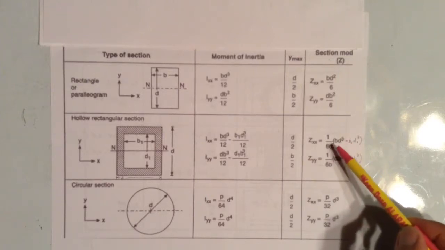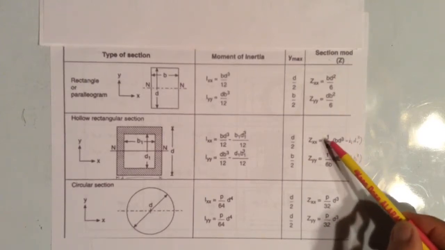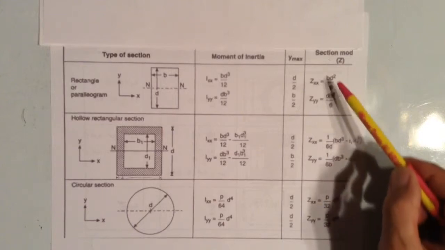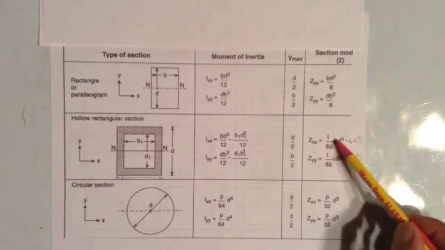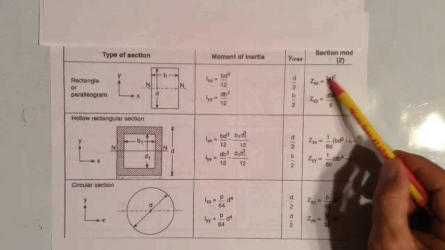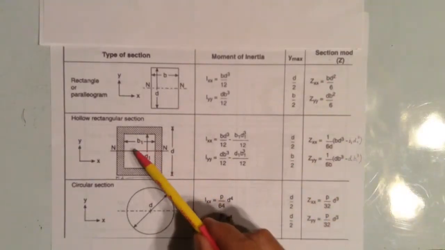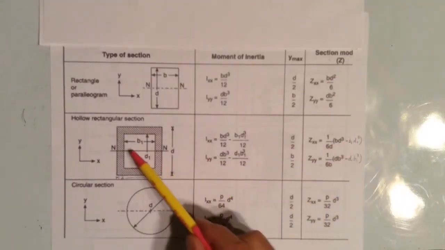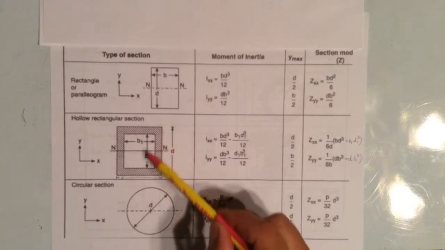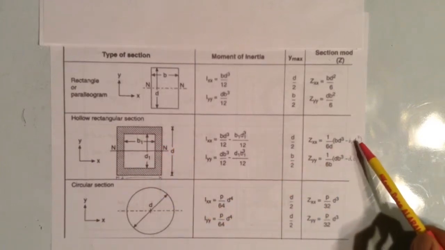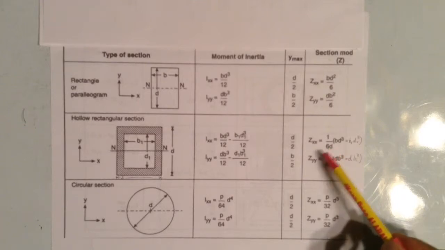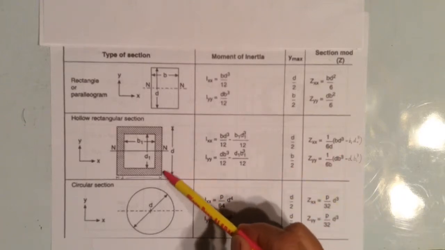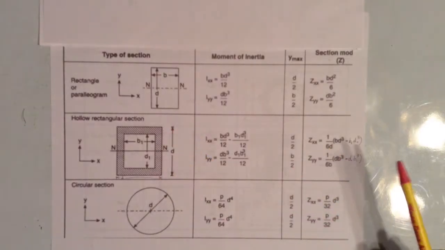Depth cubed over depth is depth squared, and you still have your divided by 6 here, just like you have it there. So that part of the equation is equal to that. But since it's hollow, we subtract the middle part, the B1 times the D1 cubed over 6 times the D, all the way from the bottom to the top.